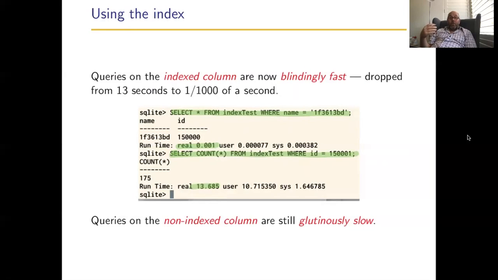If you very, very often have to look up the id given the name, then put an index on the name. If you have to do it the other way around, then put an index on the id. So under certain situations, you will want to carefully analyze what indexes you should put on the tables.